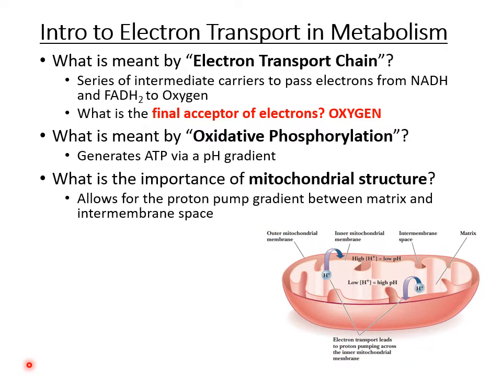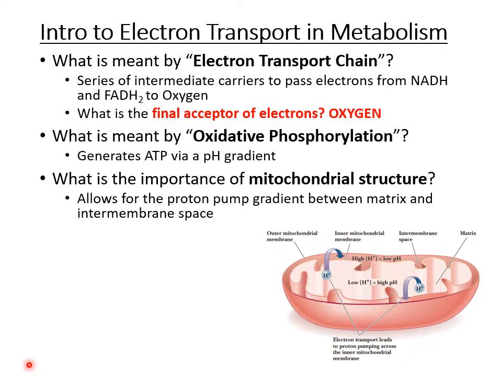And oxygen is the final acceptor. With this process, it's important to know the term oxidative phosphorylation, because oxidative phosphorylation is basically where the bulk of ATP will be generated when we're talking about things like cellular respiration.